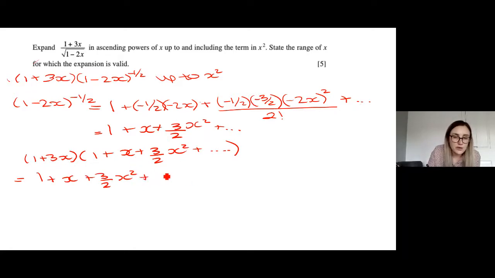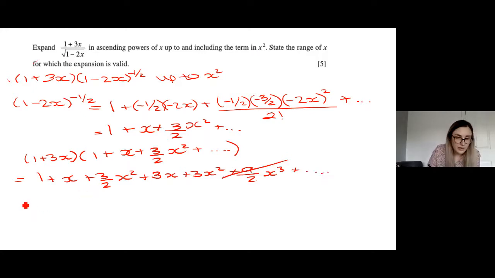So 1 times 3x is going to give me 3x. x times 3x is going to give me 3x squared. Now 3x times 3 over 2 x squared is going to give me 9 over 2 x cubed. But I don't need to concern myself with that because the question asked me up to x squared. So I'm going to cancel that, and obviously that carries on.